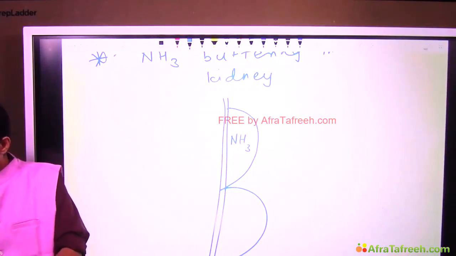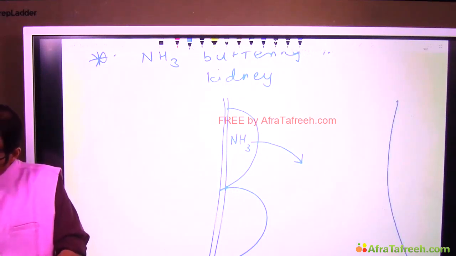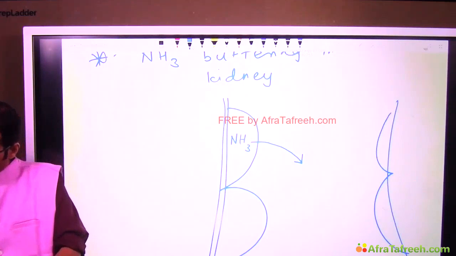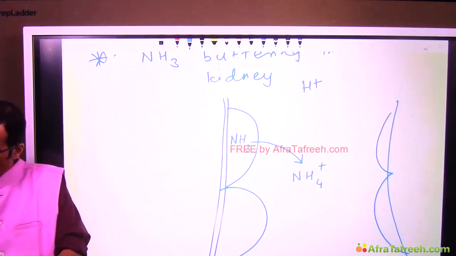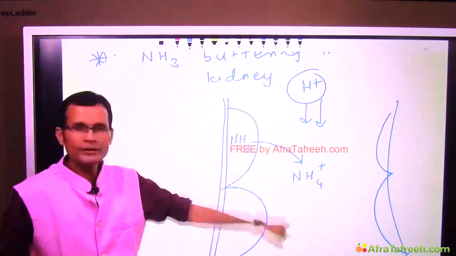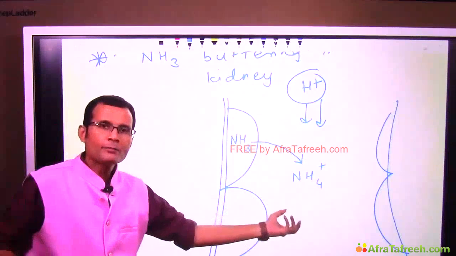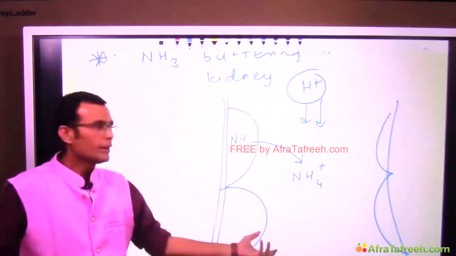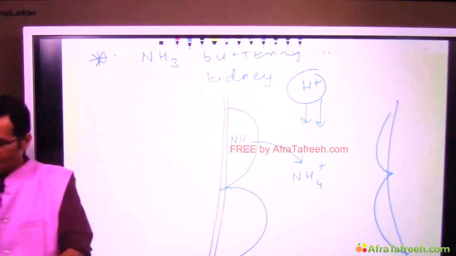Now this ammonia comes out into the lumen and it acquires an H+. There was an H+ to be eliminated into the urine. So now this ammonia will acquire this H+ to become NH4+, ammonium. Now this is ionic form.